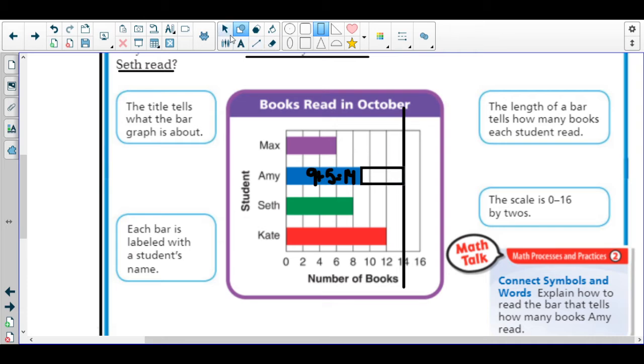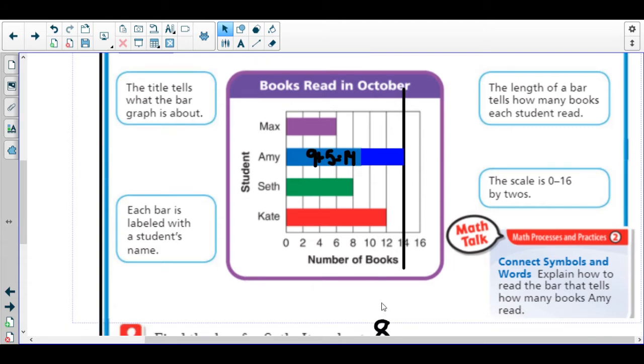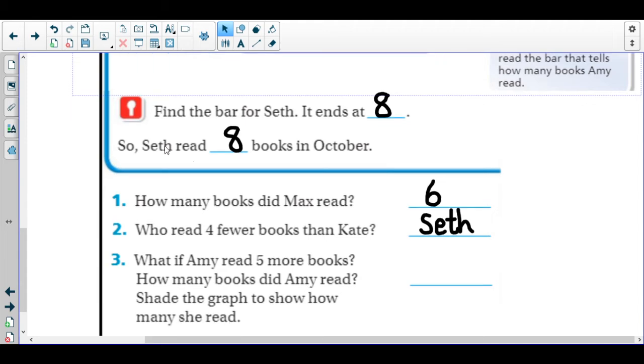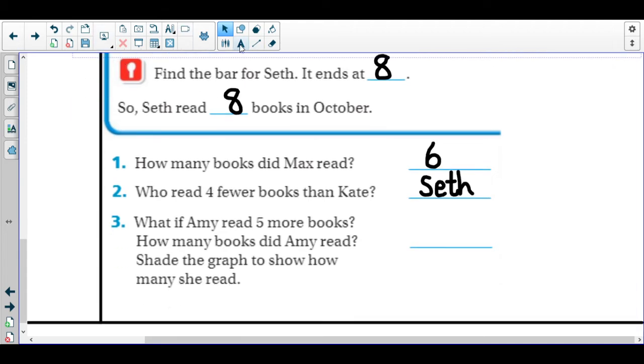And that's where it would be. See if we can get this filled in here. I think we can. It's pretty close. And let's give the line color that same treatment. There we go. So it's right out to there. Looks pretty good. So if Amy read 5 more books, how many books did she read? Shade in the graph. She would have read 14.